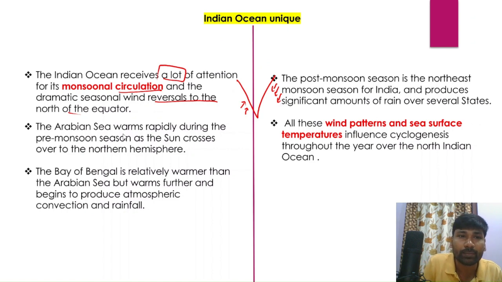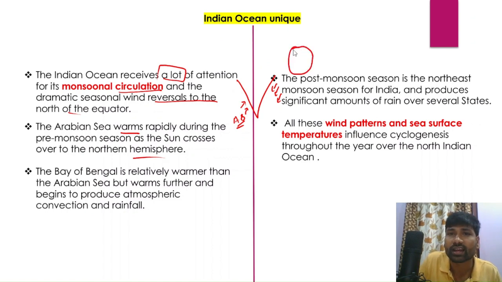And in fact, the Arabian Sea warms rapidly during the pre-monsoon season as the sun crosses over the northern hemisphere. We all know that Earth is divided by the equator: the north part of the equator is known as the northern hemisphere and the southern part as the southern hemisphere.